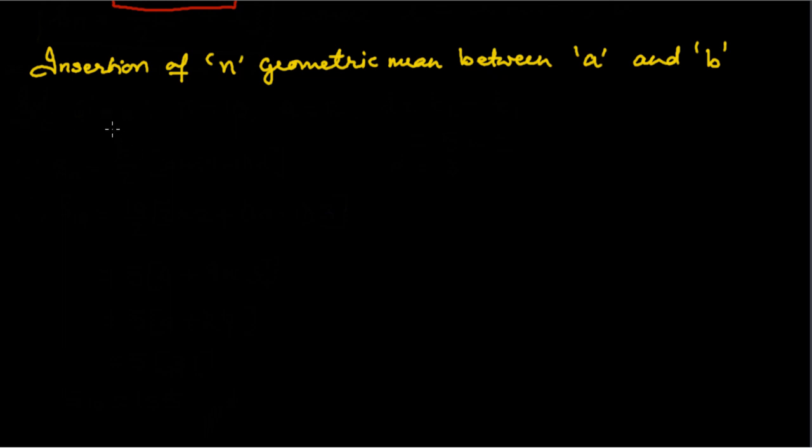The first term is A, then geometric mean 1, geometric mean 2, geometric mean 3, geometric mean 4, and so on up to the n-th geometric mean, which we will write as Gn, and the last term would be B.